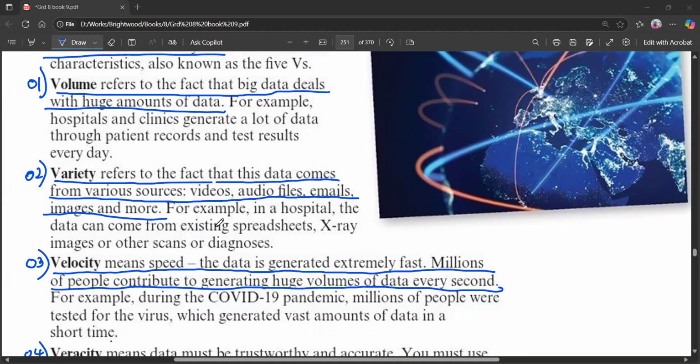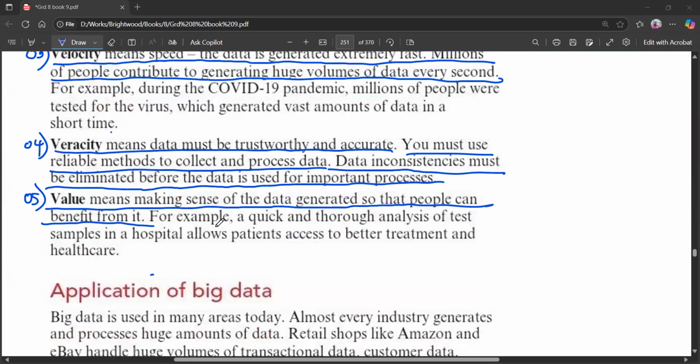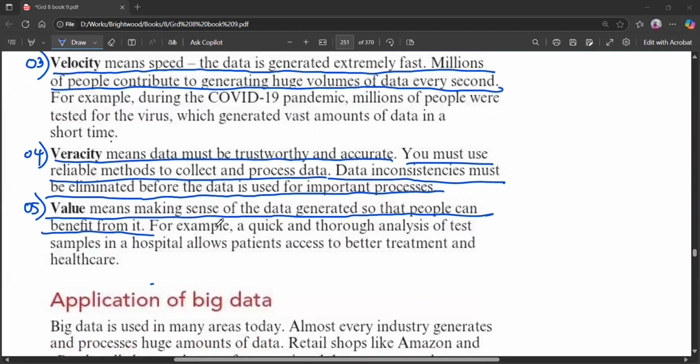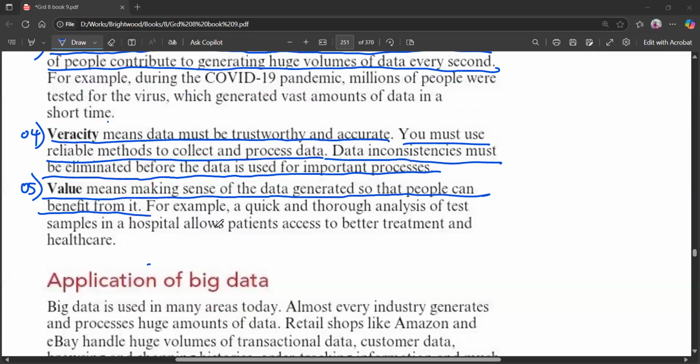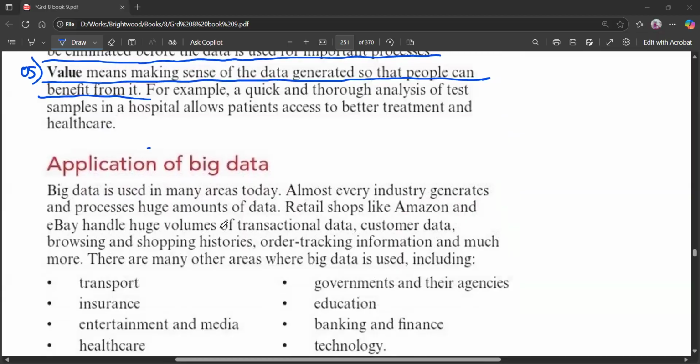Velocity means a good speed. And veracity, sorry, veracity means the data must be trustworthy and accurate. And value means making sense of the data generated so that people can benefit from it. So those are the main characteristics.